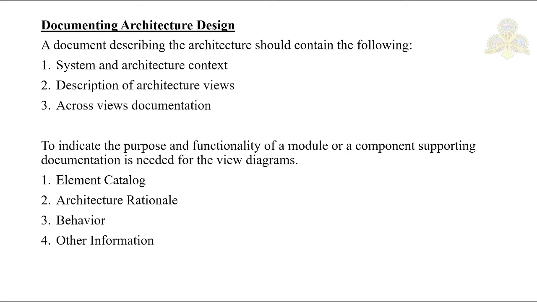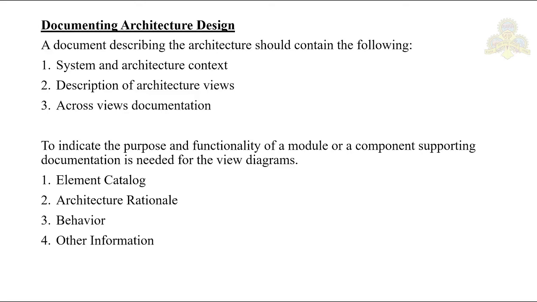Syntactic information, such as signatures, describes all the data items involved in the interface and their types. Semantic information describes what the interface does. It should also describe the error conditions. Suppose when the interface is communicating, some error occurs, what should be done. Even that should be present in your element catalog.